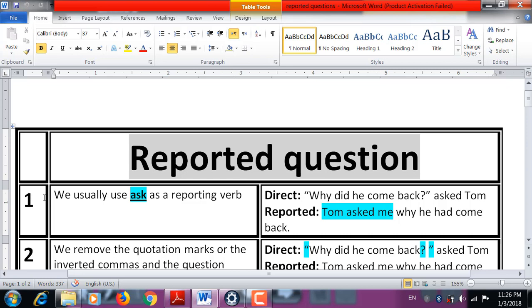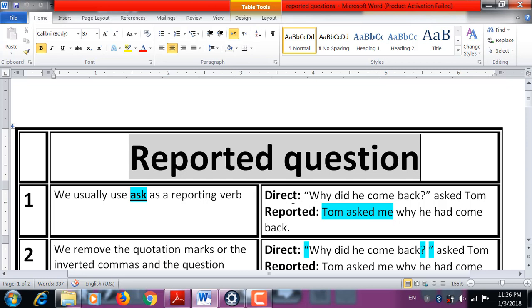The first step we have in order to report a question is the reporting verb. So the reporting verb is the phrase which we start with, right? First of all, we usually use ask. So when we say ask Tom here in the direct question, when we report it, we say Tom asked.